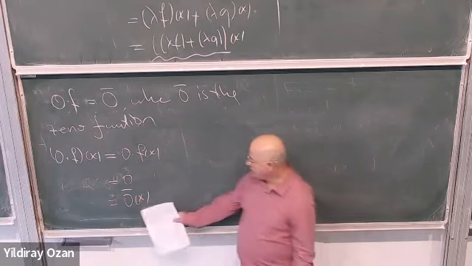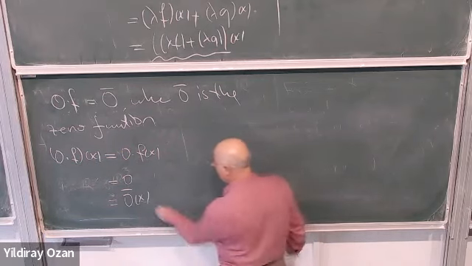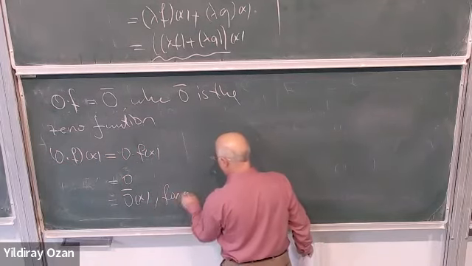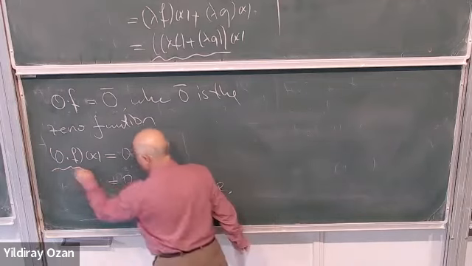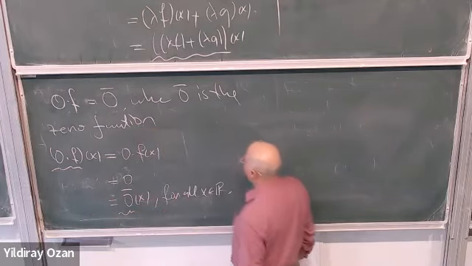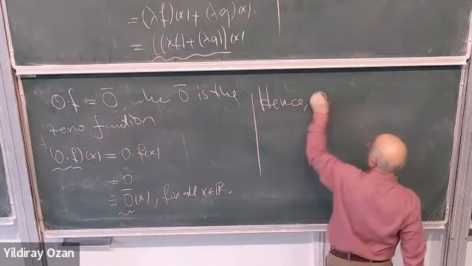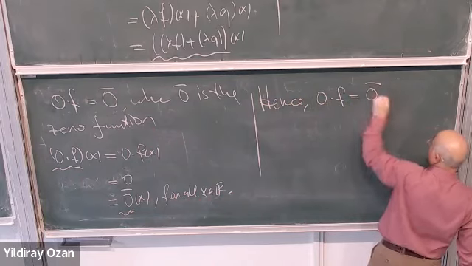This function takes the 0 value at any point. So what we see is that this is true for all x naught. So this function and this function are the same. Hence, 0 times f is just the 0 function.